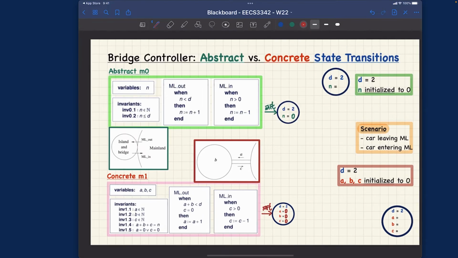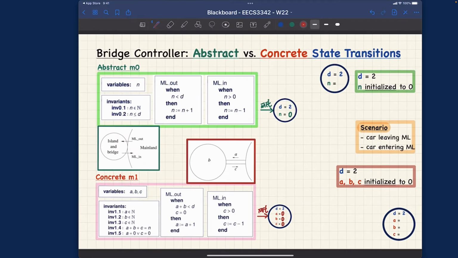And now I want you to think about how we can show the consistency between the abstract initial states versus the concrete initial states, right? Let me write it down. So this is the so-called abstract initial states, and this one over here is the concrete initial states.